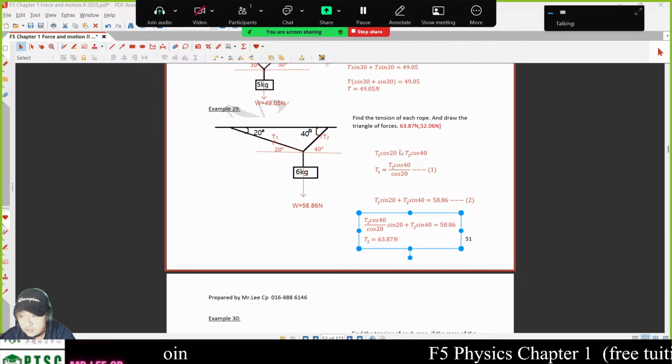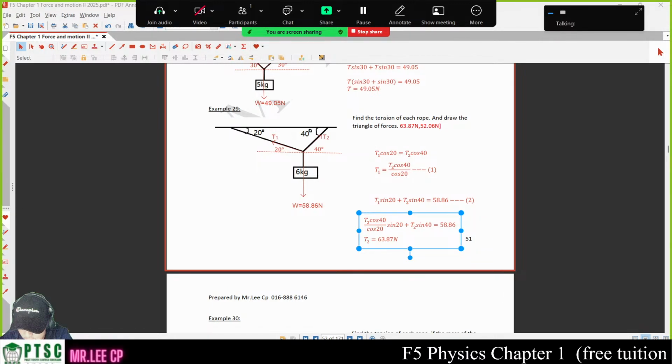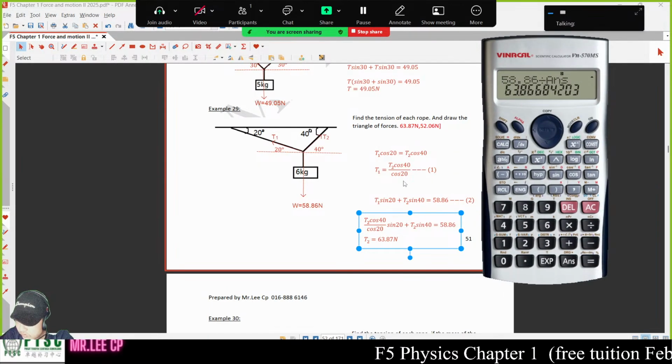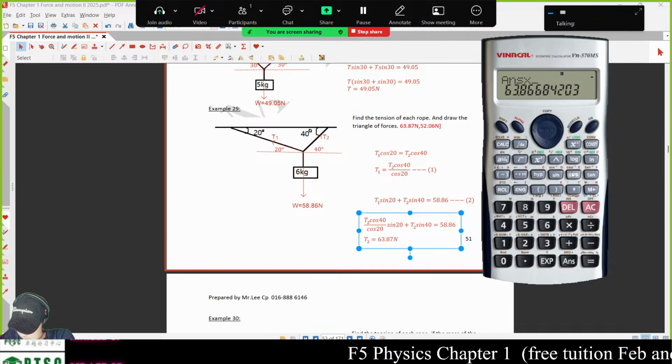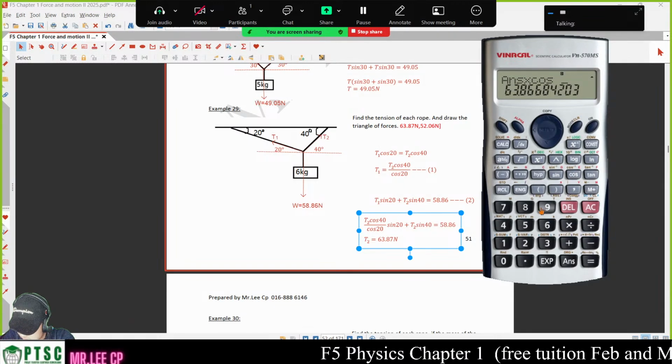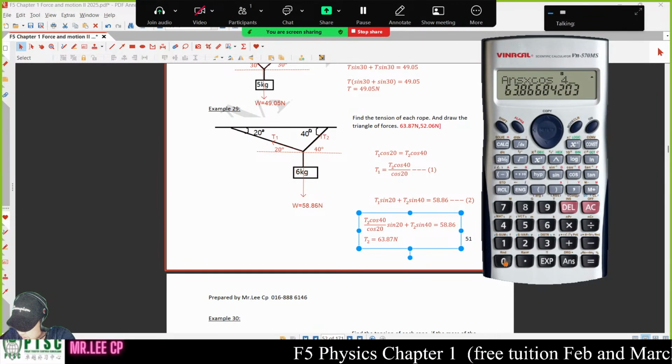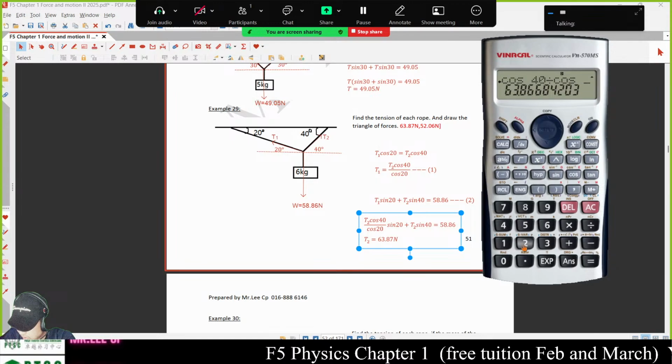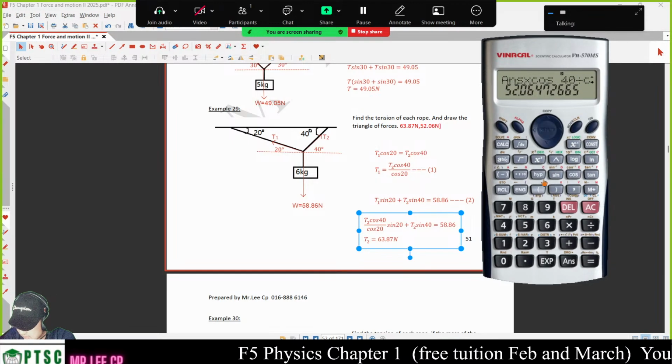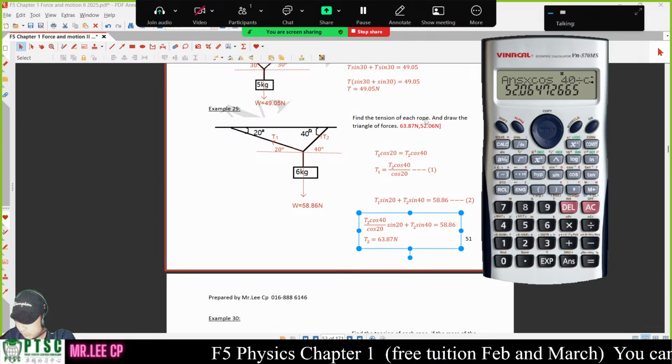You need to find T1. So T1 is T2 times cos 40, sorry, cos 40 divided by cos 20 is my answer. 52.06. Yeah.